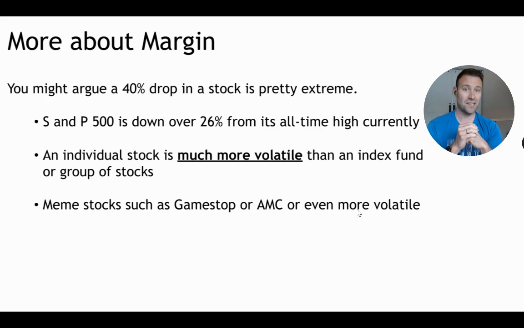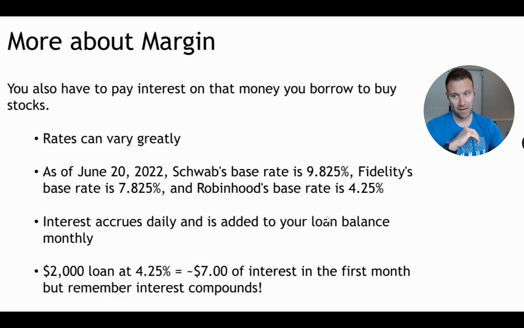An individual stock is going to be much more volatile than a bundle of stocks. So, the fact that they're down 26%, very easily you could have a single stock that's down 40% or more. Meme stocks, such as GameStop, AMC, others that get propped up by this sort of retail investor wave, are even more volatile. So, borrowing on margin is very, very risky, just something to think about.